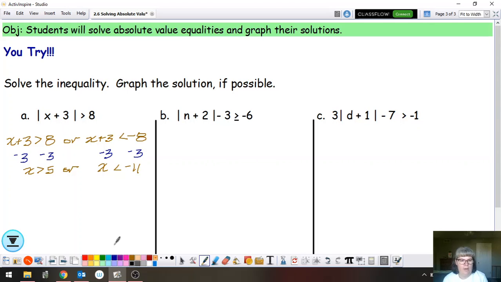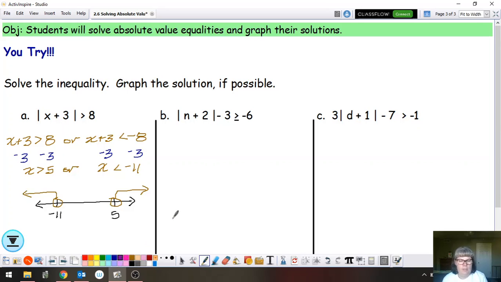And then when we graph that, -11 is on the left, +5 is on the right. We do not have an equal to, so they both have open circles. We're more than 5, so that arrow goes to the right. We are less than -11, that arrow goes to the left.